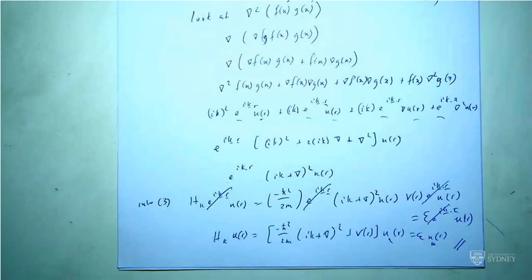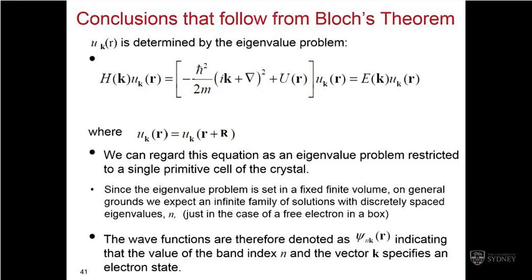I'll just put this back up. I think that will be on the overhead if you want to go through it. So that's the way we got that expression up there. And remember we were dealing with a fixed volume.